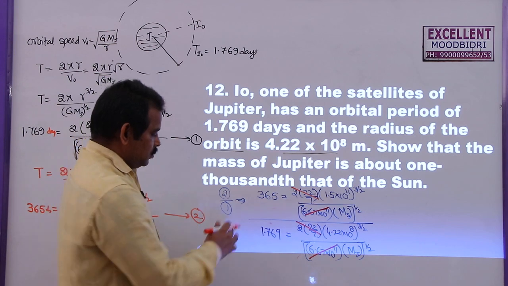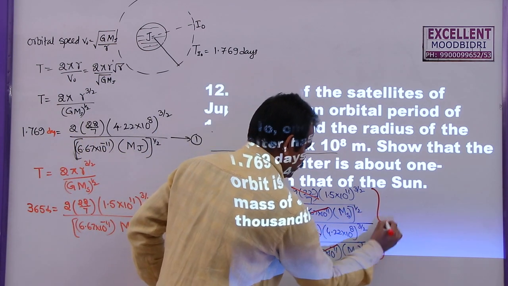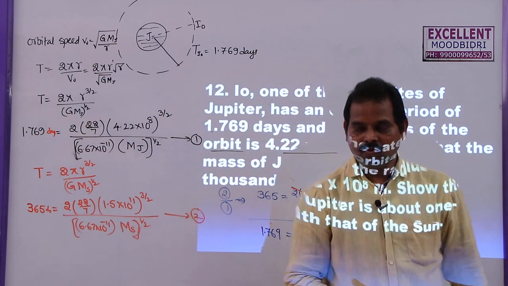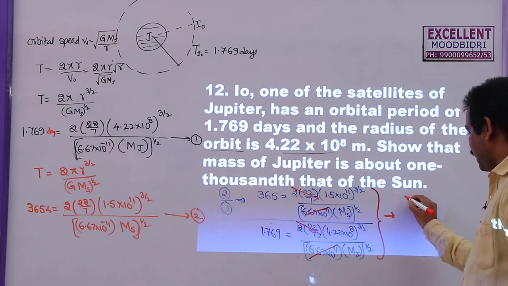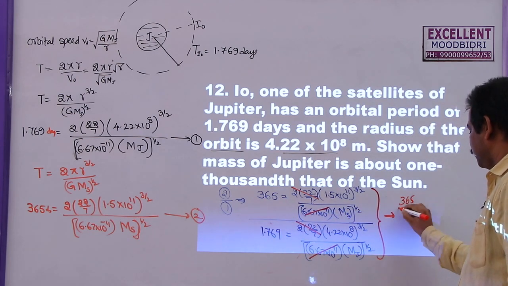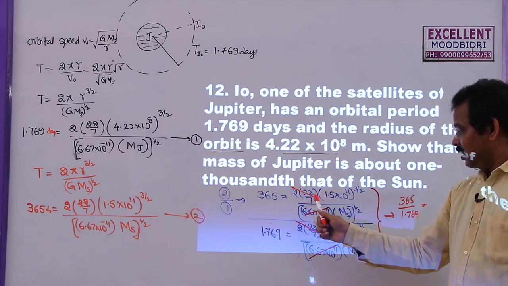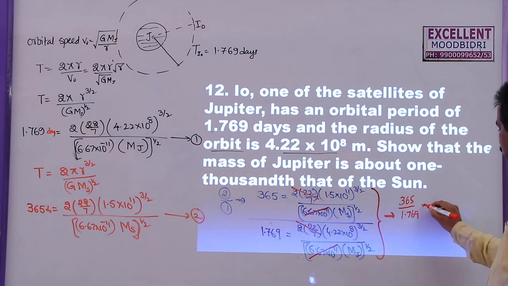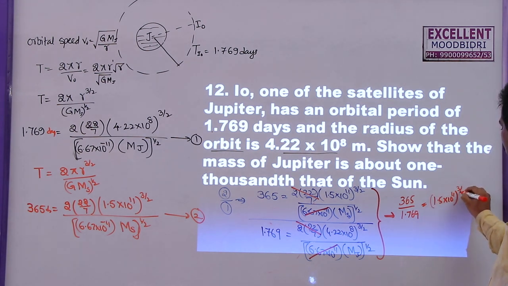Now the remaining steps, from this, I am going to write. Now I am going to write this as 365 by 1.769 is equal to, in the numerator, 1.5 into 10 power 11 whole power 3 by 2 by the mass of Sun under root.